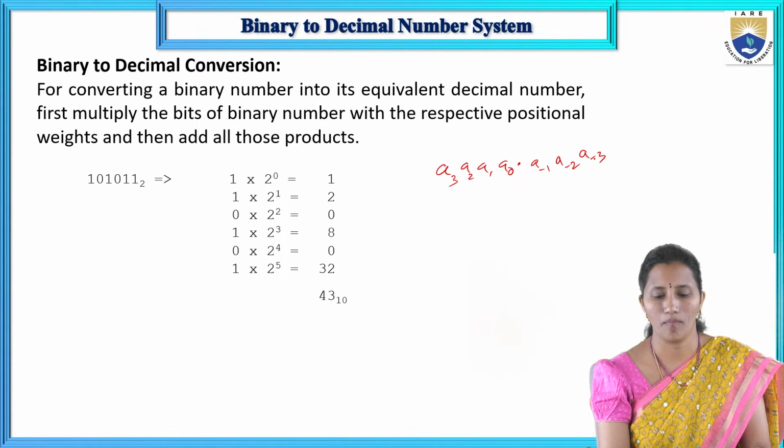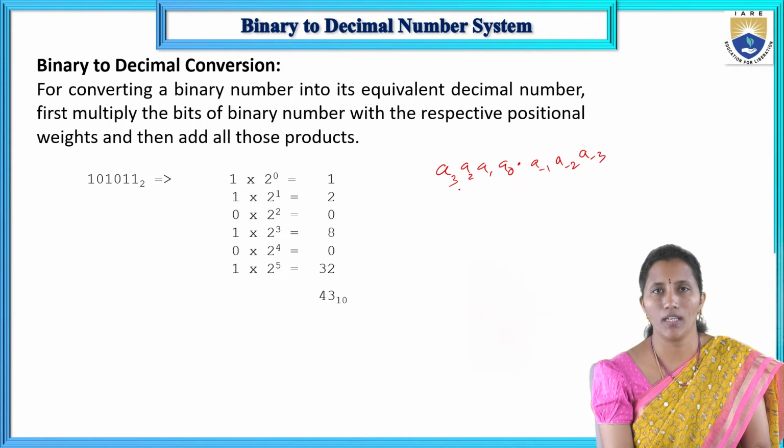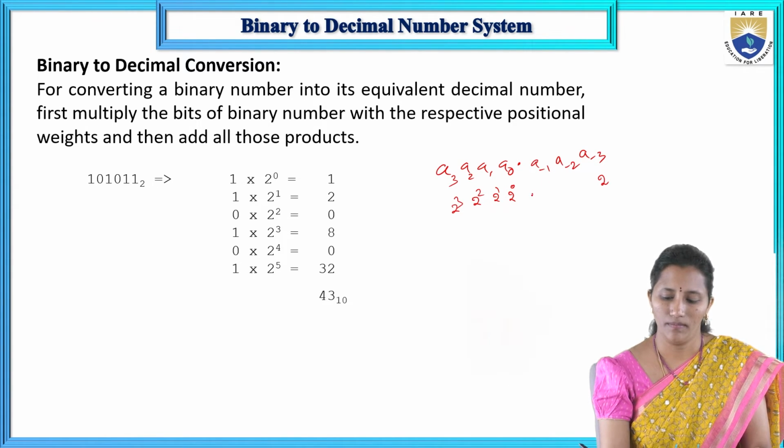To convert that binary number into a decimal number, multiply. If it is a binary number, the weights for the integer part will be 2 power 0, 2 power 1, 2 power 2, 2 power 3. For the fractional part, 2 power minus 1, 2 power minus 2. Okay.